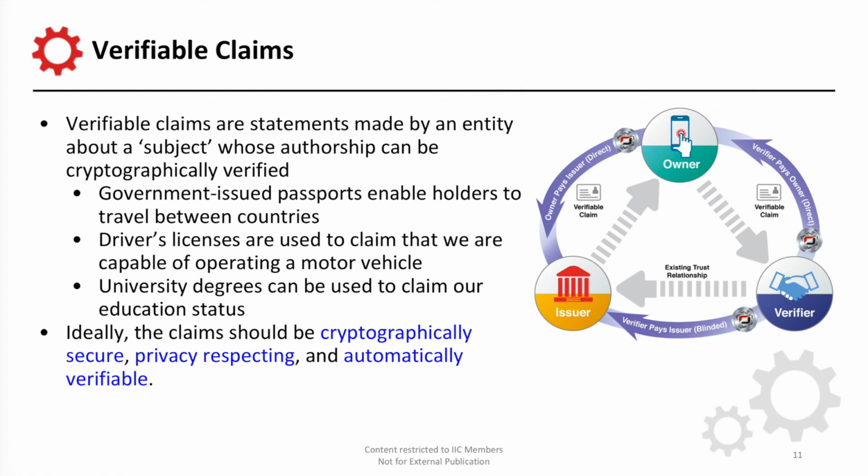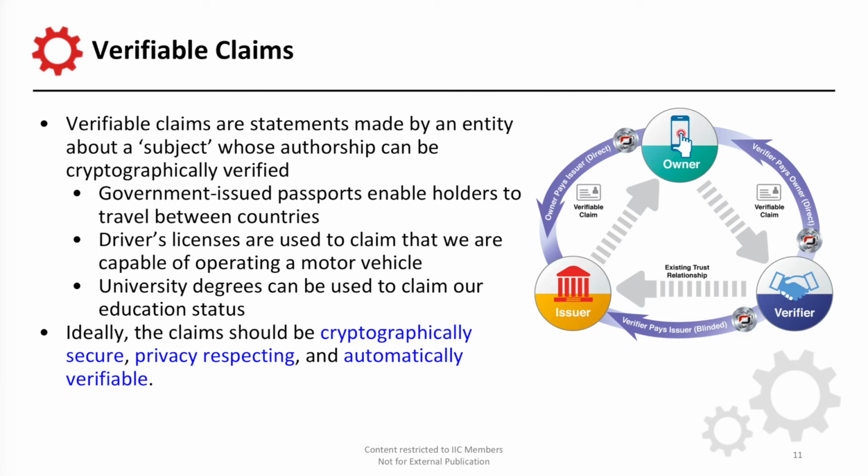Okay. So with these DID documents, the other very important concept here is called verifiable claims. Claims, everyone knows. These verifiable claims basically seal the statements made by an entity about a subject. I'll give you a few examples.